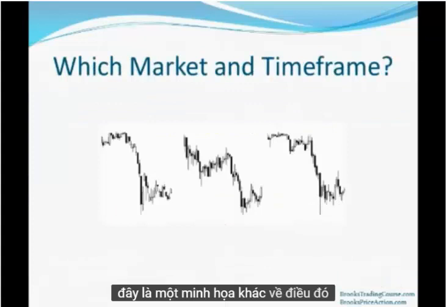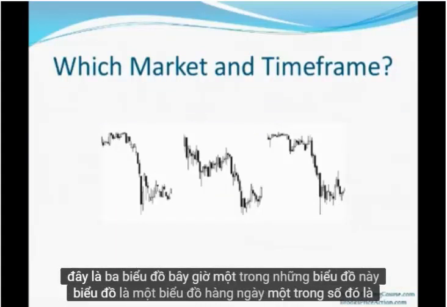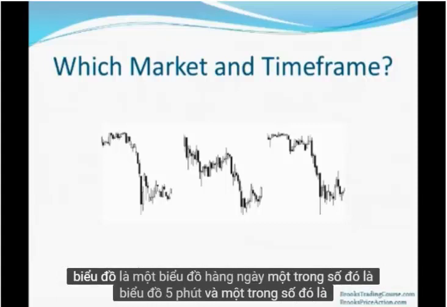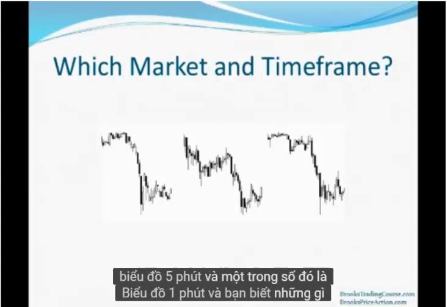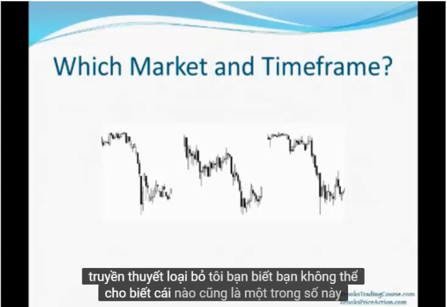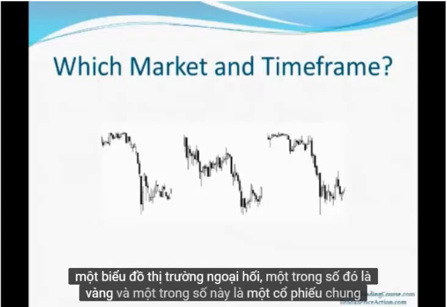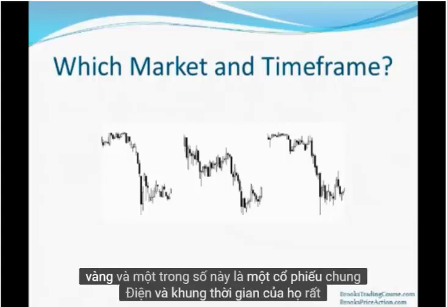This is another illustration of that. Here are three charts. One of these charts is a daily chart, one is a 5-minute chart, and one is a 1-minute chart. And with the legends removed, you cannot tell which is which. Also, one of these is a forex market chart, one is gold, and one is a stock, General Electric.